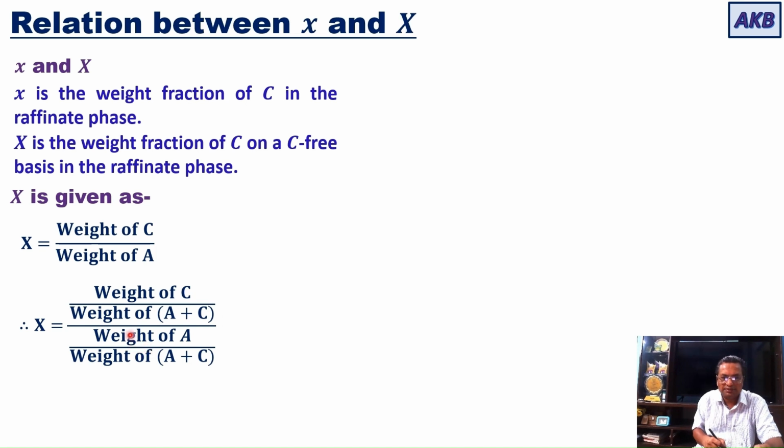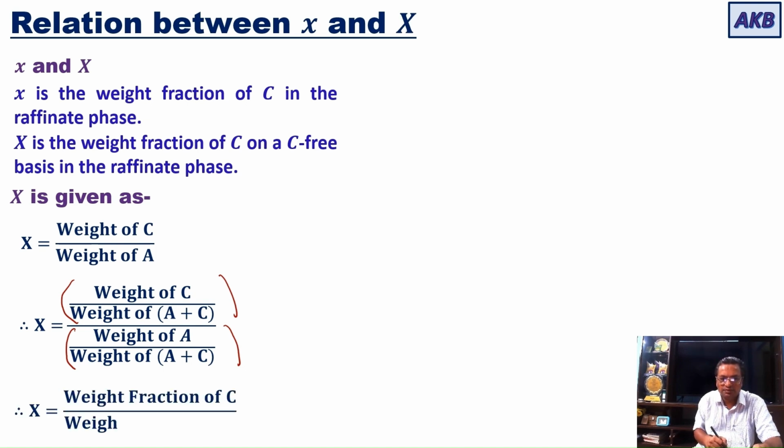And in the denominator you have weight of A divided by total weight. So weight of C divided by total weight is nothing but weight fraction of C, and in the denominator weight of A divided by total weight of the raffinate phase is weight fraction of A. So that means X is the ratio of weight fraction of C to weight fraction of A in the raffinate phase.